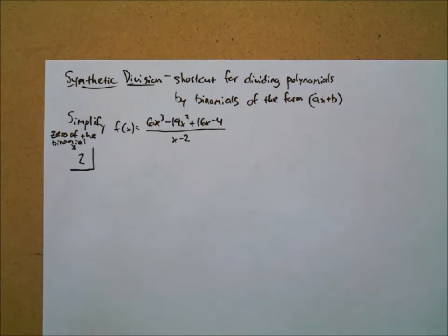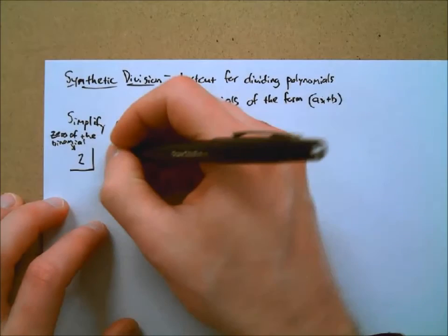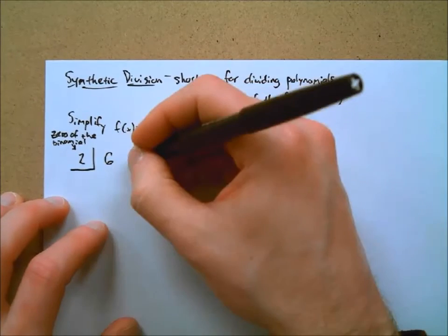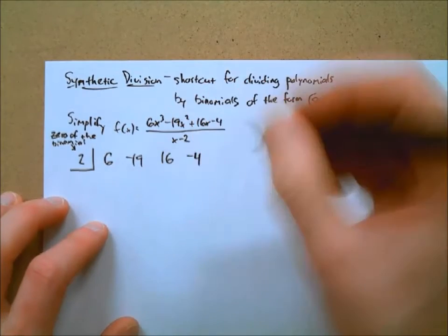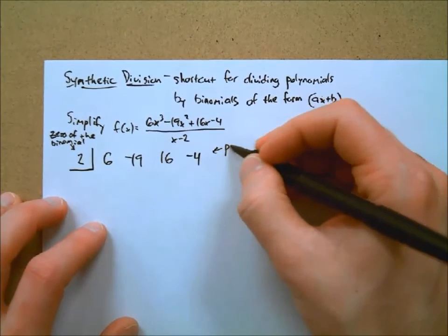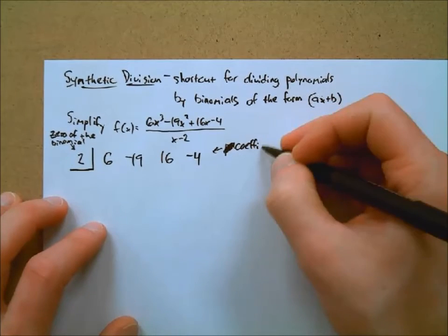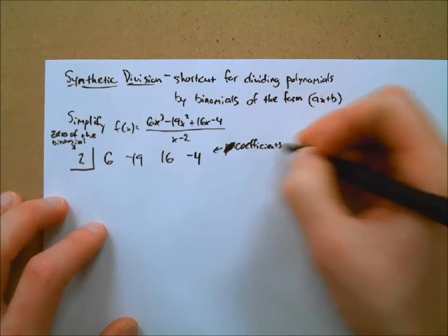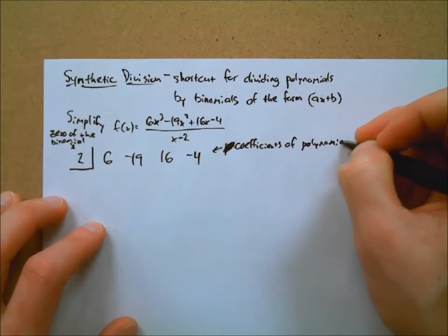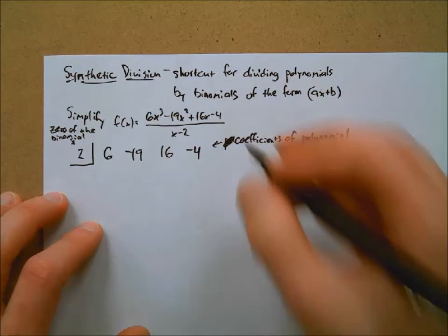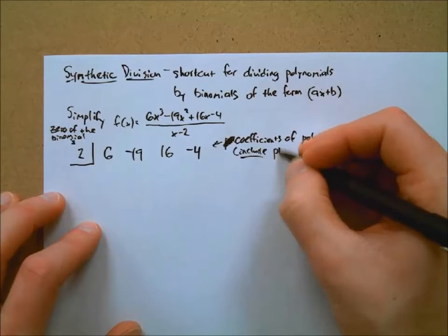And then across the top, we're going to put the coefficients of the polynomial we are dividing. Include placeholders.